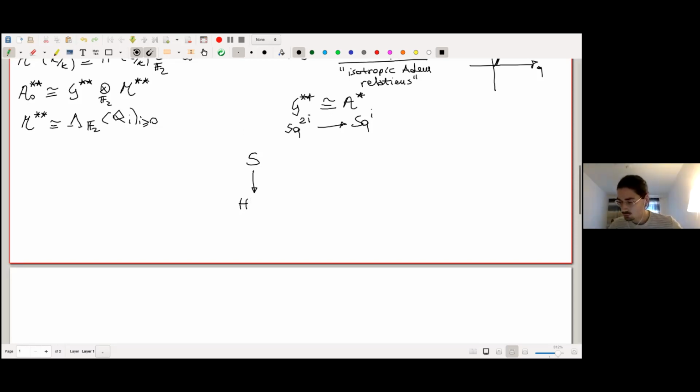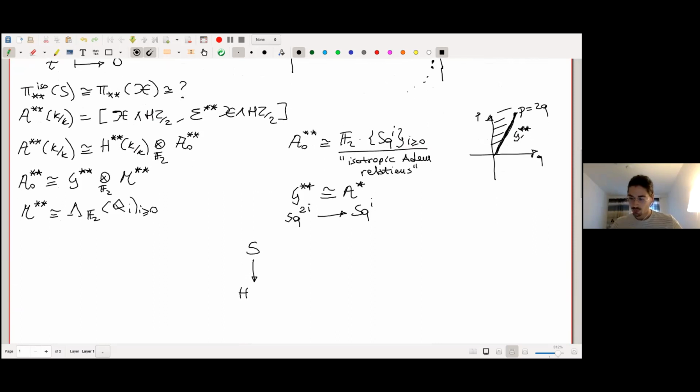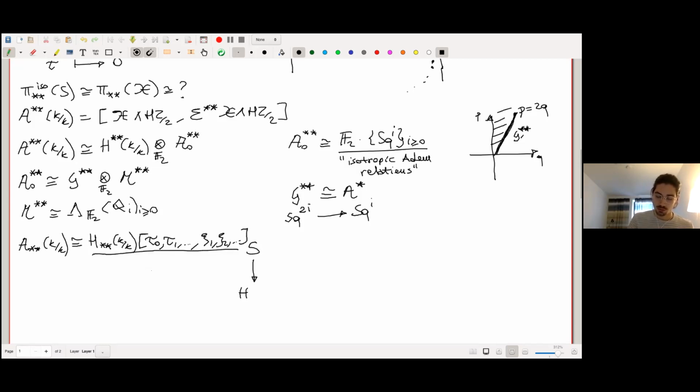Right, the isotropic dual, yes. So at least as an algebra, we take the isotropic homology of the point, and then we have some generators, tau 0, tau 1, etc., and then xi 1, xi 2, etc. But then these tau i are exterior generators.